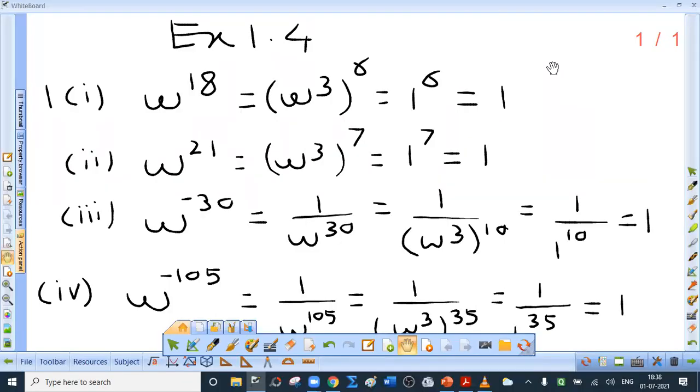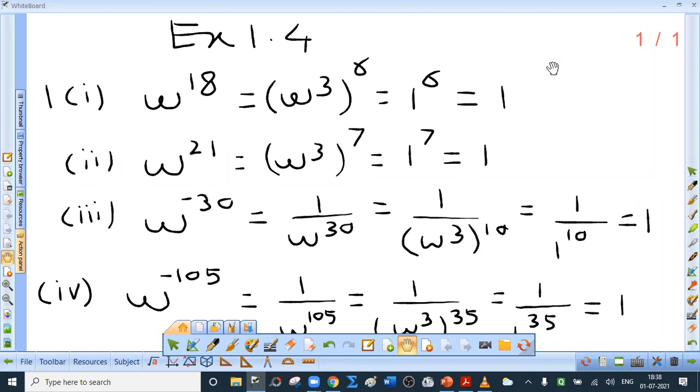Exercise 1.4, first sum, find the values of number 1, omega raised to 18. Now positive integral powers are defined, so omega cube raised to 6. Omega cube is 1, 1 raised to 6 is 1. Omega raised to 21 is omega cube raised to 7. Omega cube is 1, 1 raised to 7 is 1.